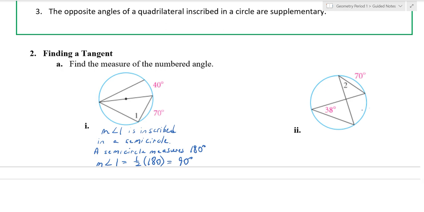So we can now say that angle 2 and the 38-degree angle intercept the same arc.